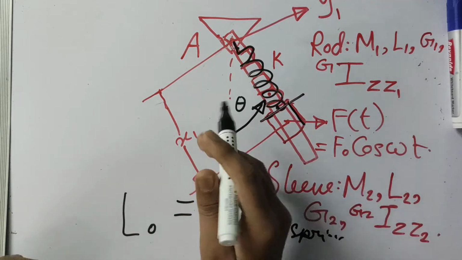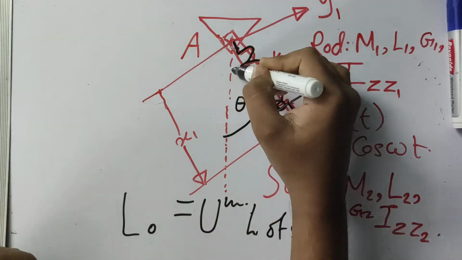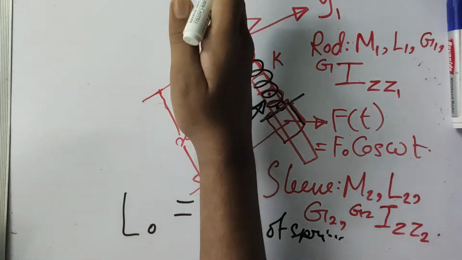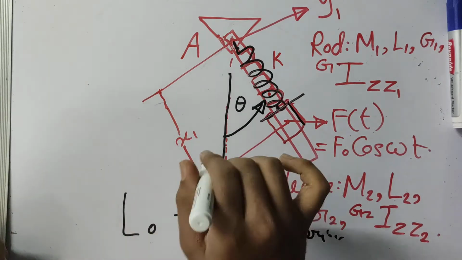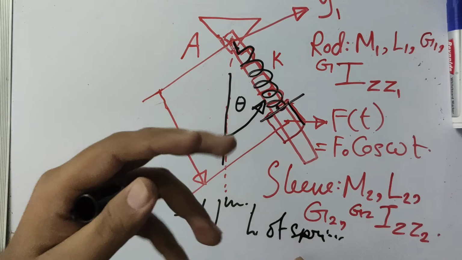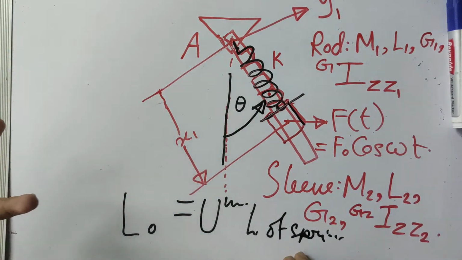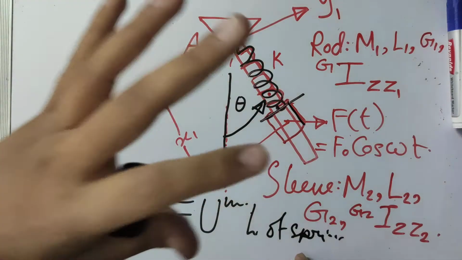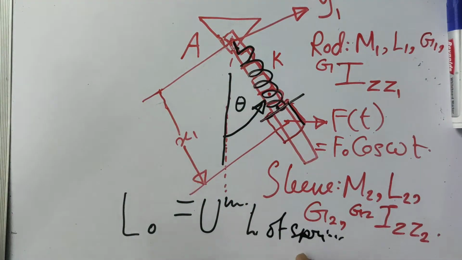We can choose theta as an angular coordinate along this normal. This will be the natural position of the system, this vertical line. And so theta is a possible coordinate. And so we have 3 coordinates to describe 3 degrees of freedom. And that makes the system holonomic, no problem.